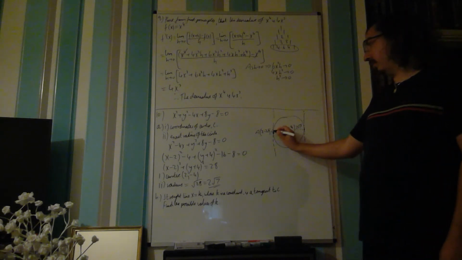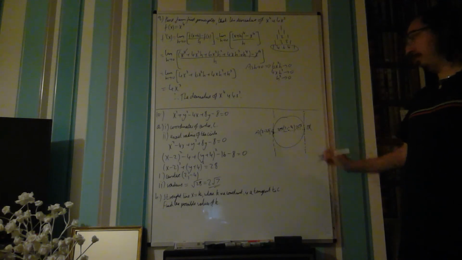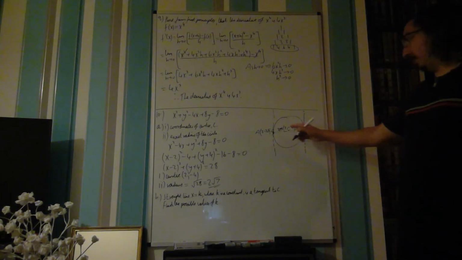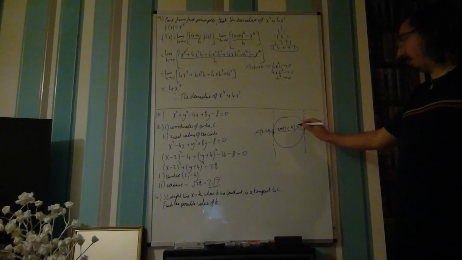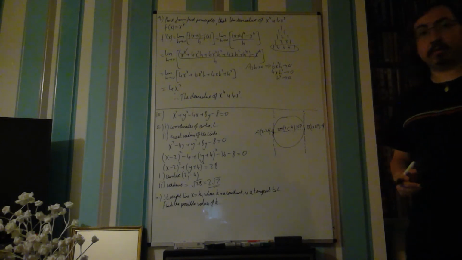The y coordinate would be the same, that would just be minus 4. And this point, let's call that point B there, must be 2 plus 2 root 7, and again the y coordinate would be the same.